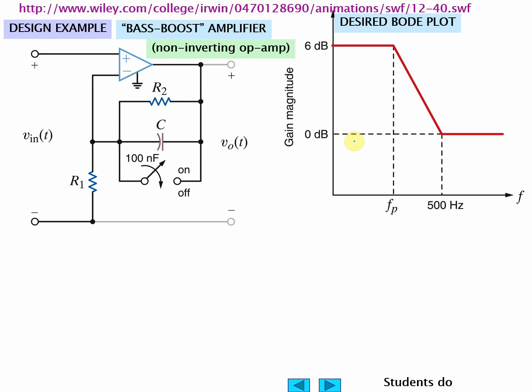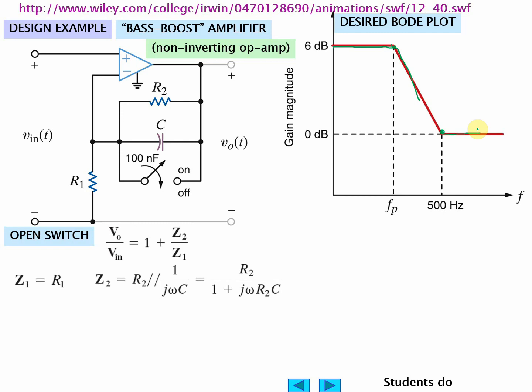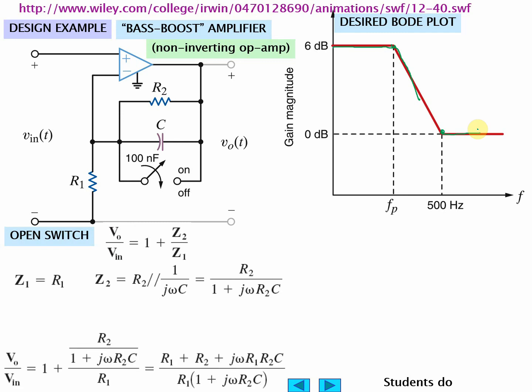Bass boost. So this is where you have a constant factor and amplifier. So you have a constant factor, a cutoff, a point, you have a pole, and then here it flattens back out again. You have a 0. So it's 1 pole, 1 0 is what we're looking for. And that's exactly what we have.